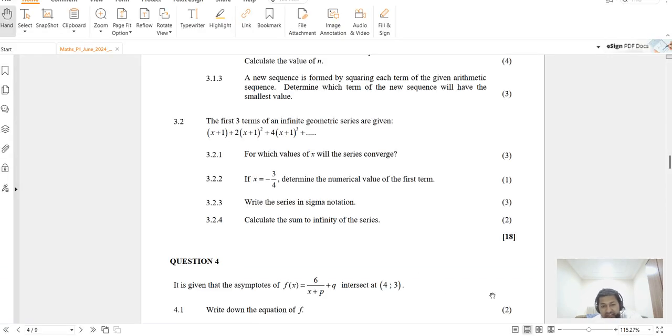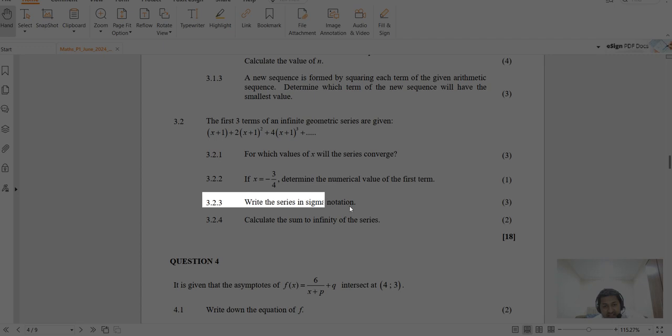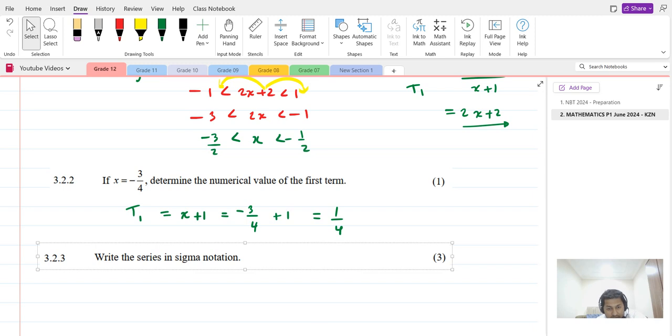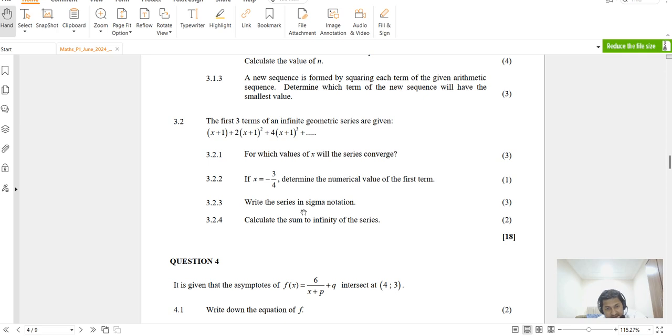Next one, write the series in sigma notation. So we need to write the series in sigma notation. The problem with this question is that the original series, or the value of x equals -3/4, and then we write in sigma notation.